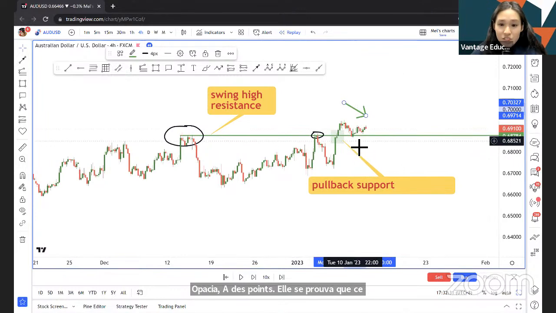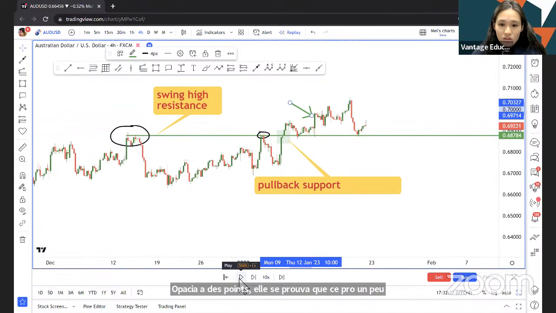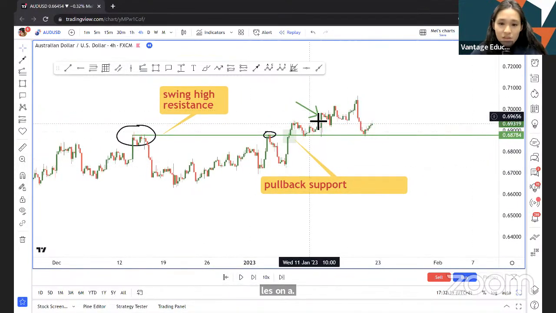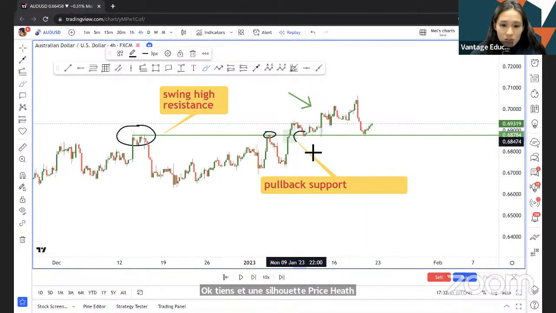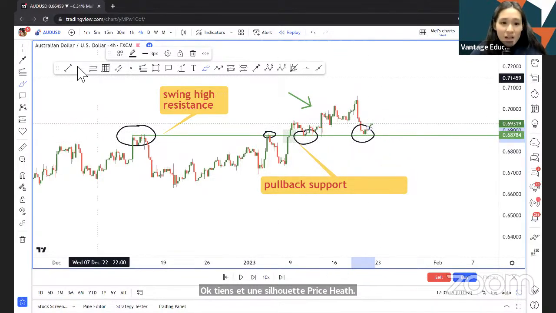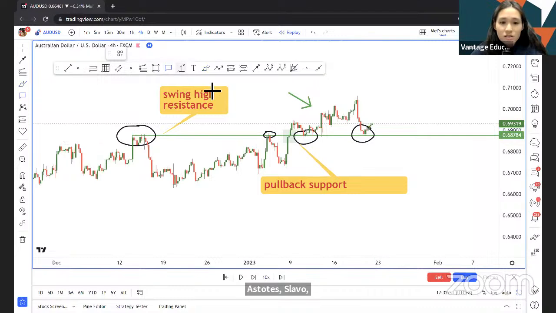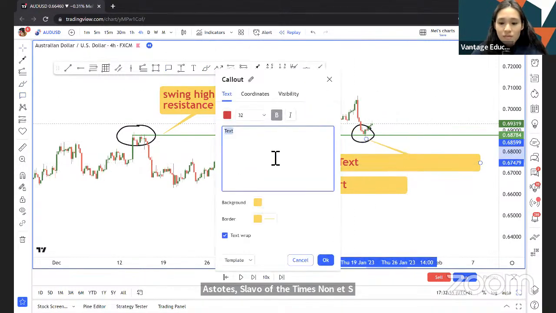Once it reaches here, and we see that it has overlapped, you can see that price has tested this level a few times. Now it is an overlap support.